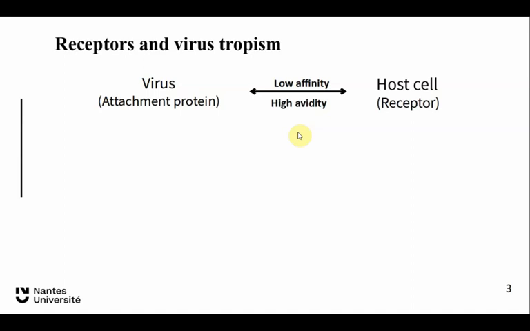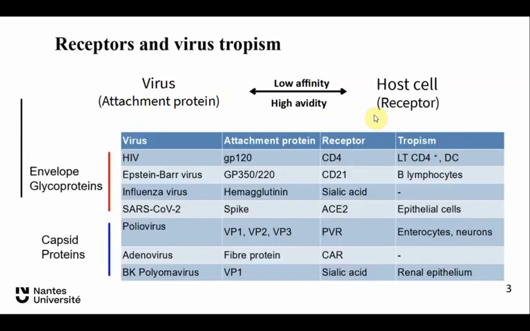The nature of the host receptor is something that plays an important role in virus tropism. That means which cells can be infected and which species can be infected by this particular virus. So if we just look at a few examples for enveloped viruses up here and non-enveloped naked viruses down here.